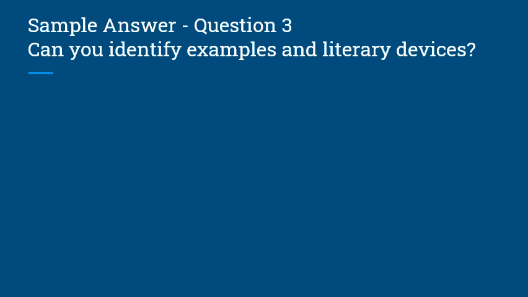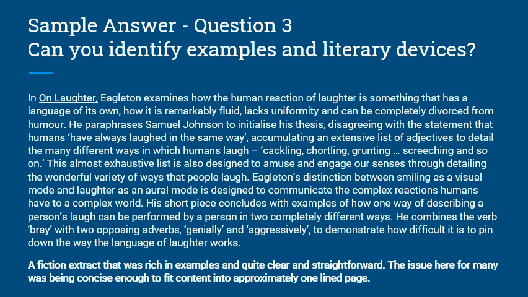So again, here is a sample answer. And let's look at it. In On Laughter, Eagleton examines how the human reaction of laughter is something that has a language of its own, how it is remarkably fluid, lacks uniformity, and can be completely divorced from humor.